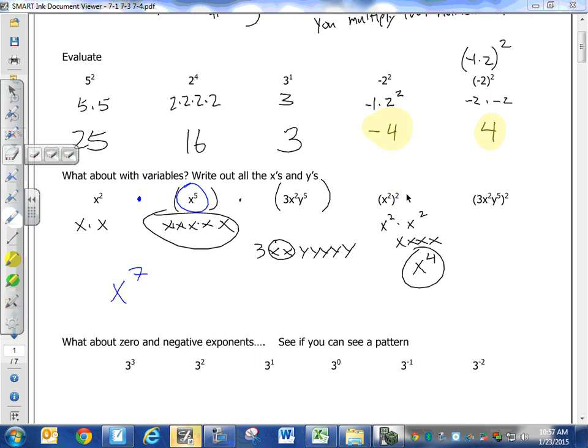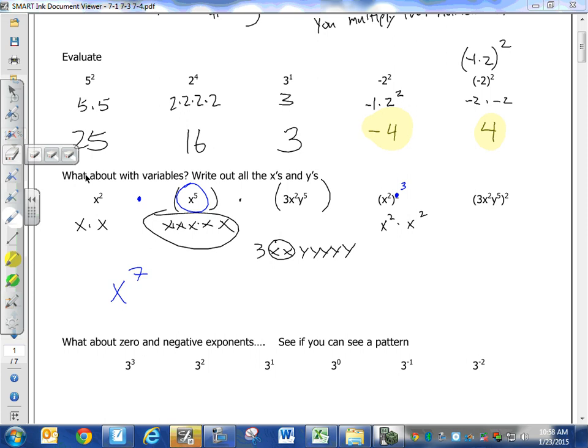What is x squared to the third power? Write it out. Right now, there are no rules that should be in your head. You should be thinking about writing things out, and then before you know it, we will develop the rule, and that rule will help us.